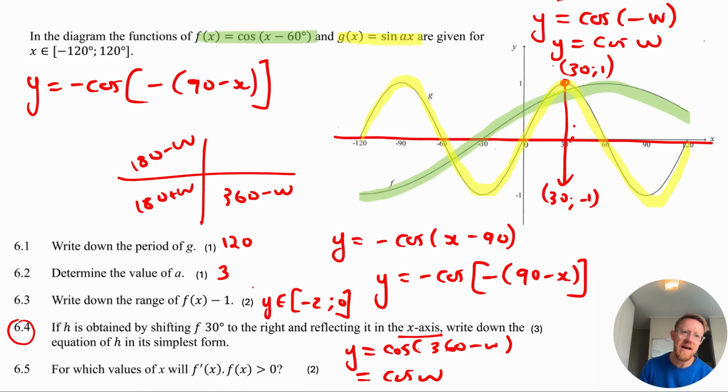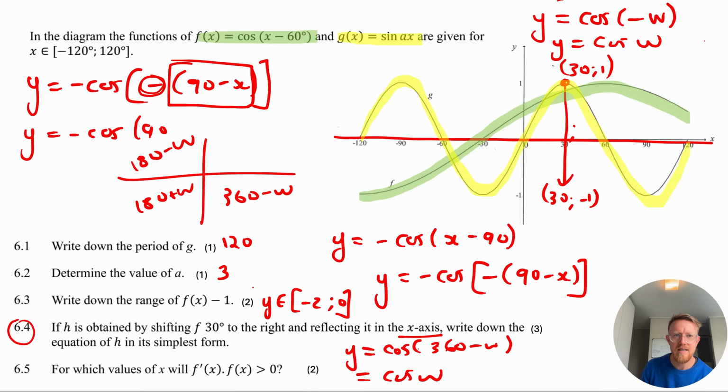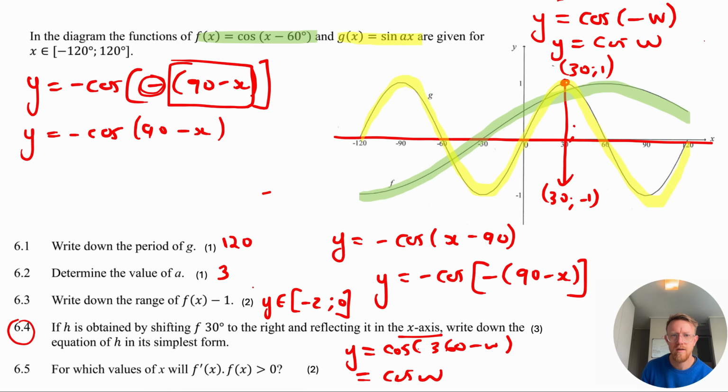So over here I've got negative cos of a negative of something, then remember what we've just learned is that that is just going to become the cos of that something. So that's going to be 90 minus x. So the w is the 90 minus x, okay?